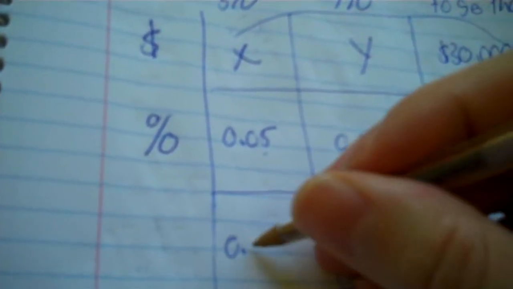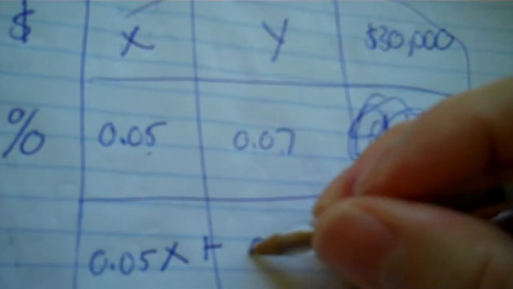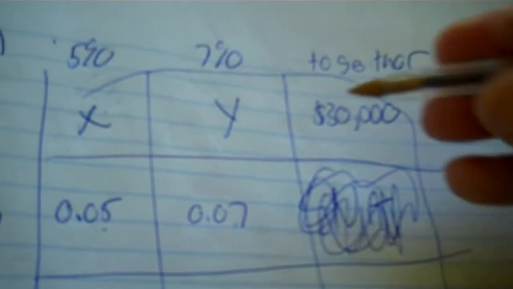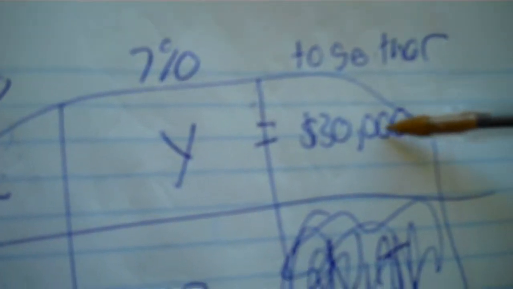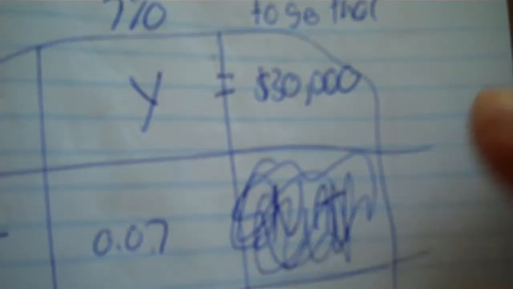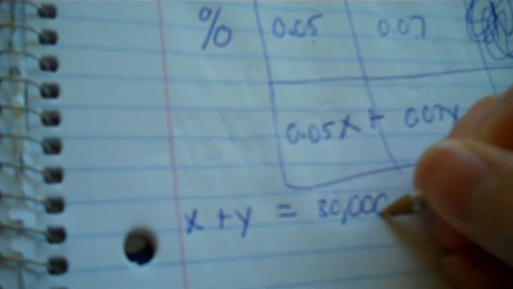You multiply this by this, because 5% of x plus 7% of y equals the interest I get. So what you start with goes here, and what you end up with from the interest rates goes here. Now, you can see how this is going to play out, because you have x plus y equals 30,000.